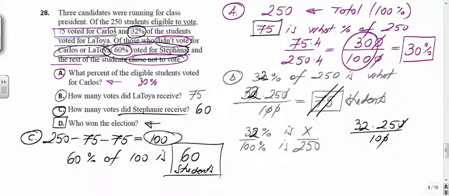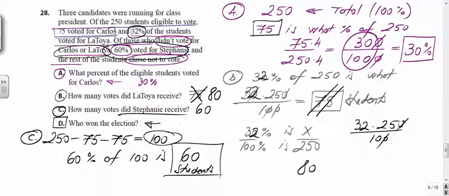And I got 32 times 25, divided by 10 actually, and that will tell me that I have 80 students. Okay, so correction here. For Latoya we have 80 students.